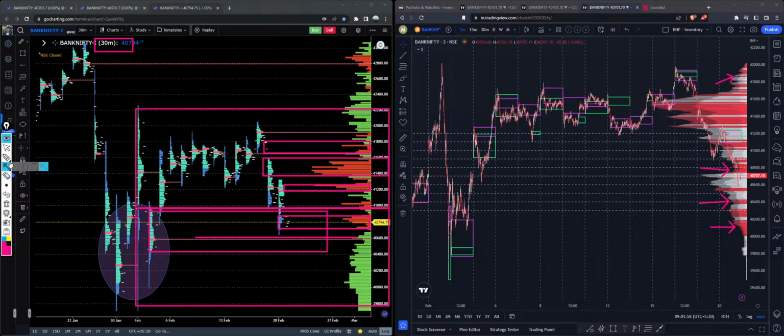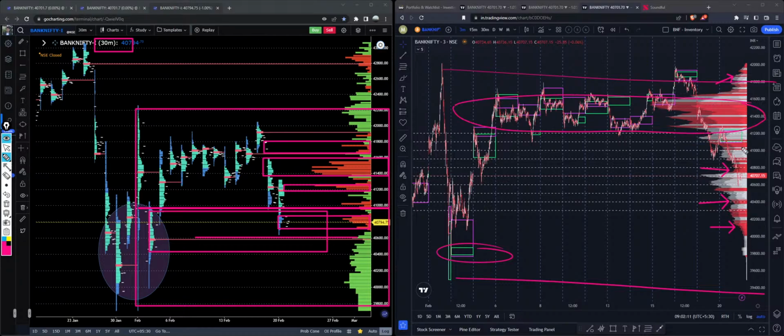But overall we are still in this bigger range. There are buyers here. This entire zone is where the supply is present. Again, there is a smaller zone here where supply is present.